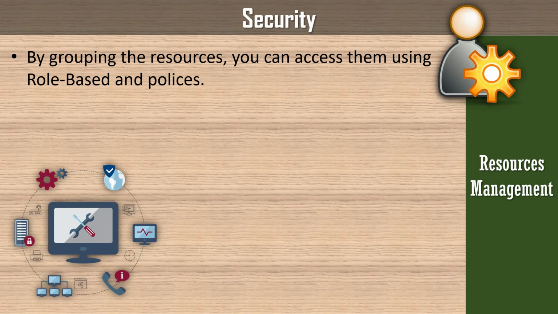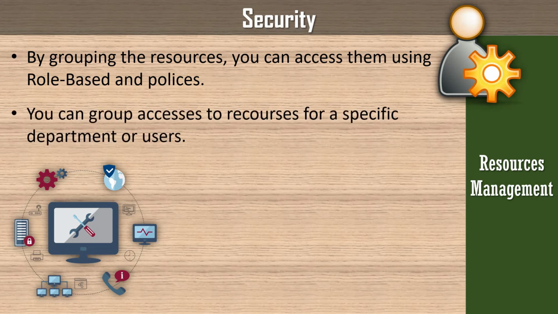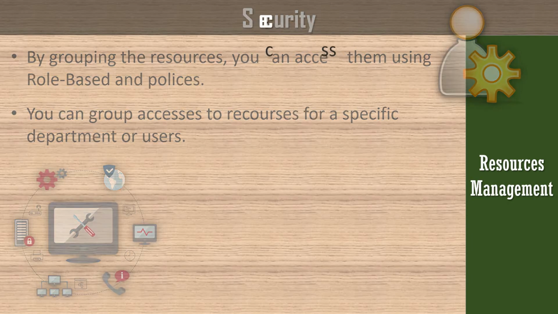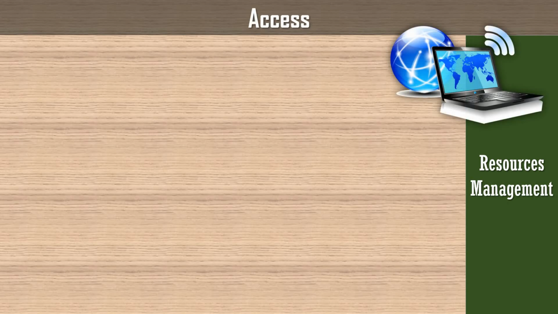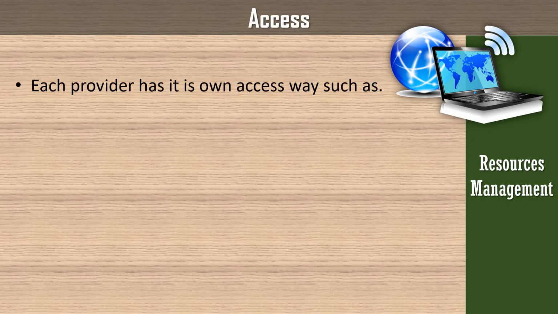The same also applies to testers, the same for a real-life application. So you collect all the resources into a logical container, then you control the access to these containers yourself. You can give access to a specific group, like a department or user, it's up to you how you do that. Accessing your resources over the internet: each provider has its own way.